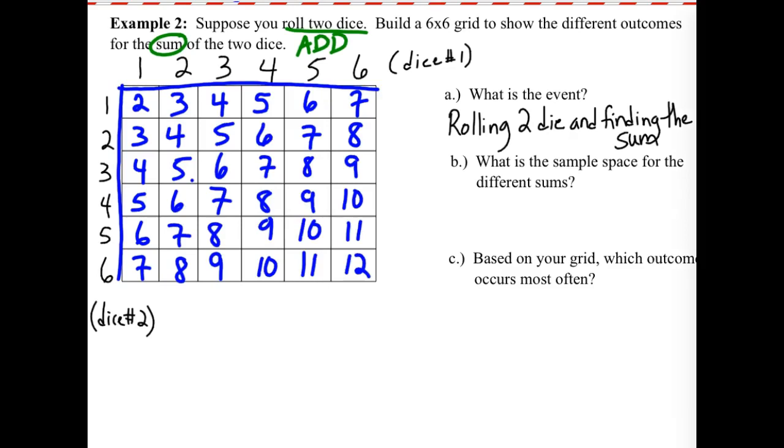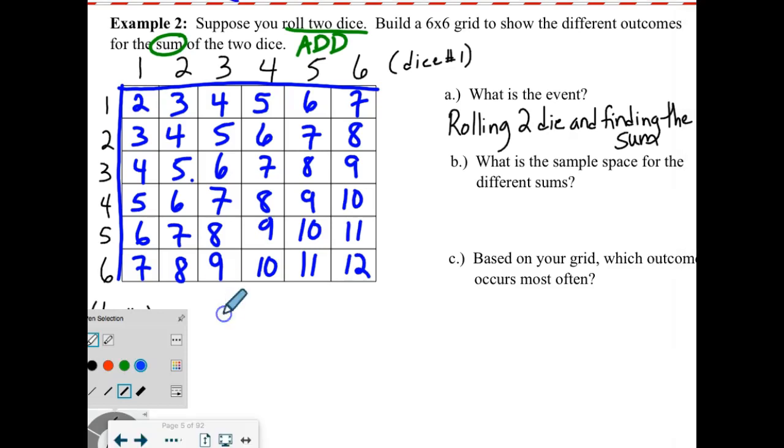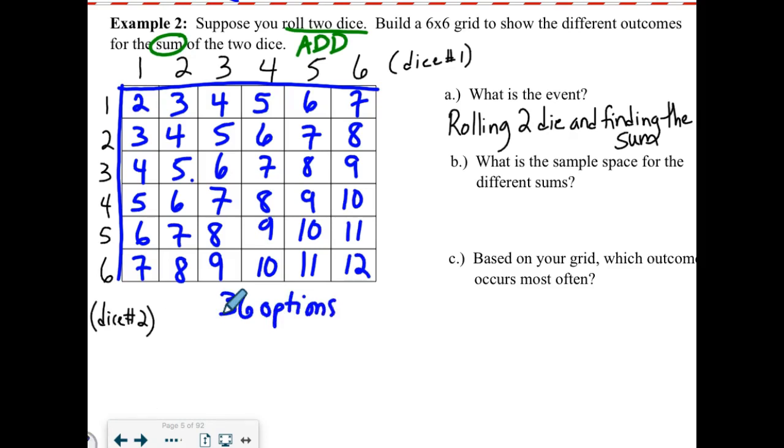Hopefully you've paused and filled out your grid and it looks like what I have in front of you now. If not, take a moment and fill it in. So, next, the sample space for the different sums. Notice in this grid, there are 36 options when I roll those 2 dice and add them up. Alright, the sample space is not going to be 36, folks.